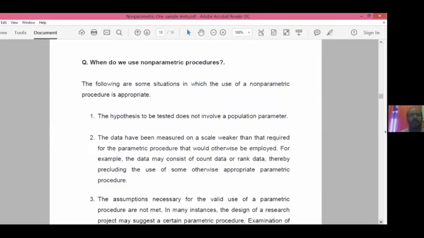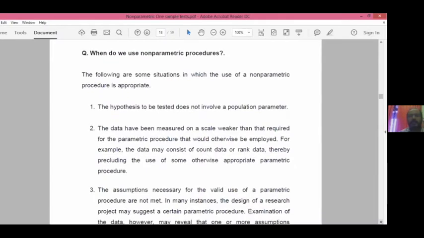Okay. Now, when do we use a non-parametric procedure? Again, I have a question here for the participants. The following are some situations in which the use of a non-parametric procedure is appropriate. The hypothesis to be tested does not involve a population parameter. That is an important point.